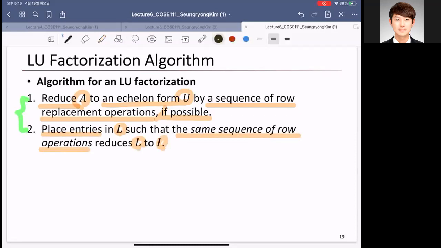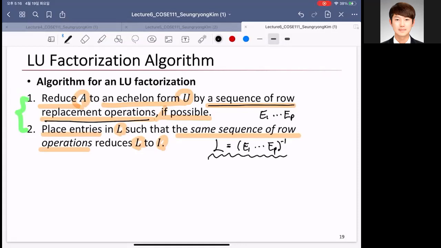So in other words, let's suppose the sequence of row operations is E1 through EP. Then place entries in L such that the sequence of row operations reduces L to I. Then in other words, L is equal to the inverse of E1 through EP.